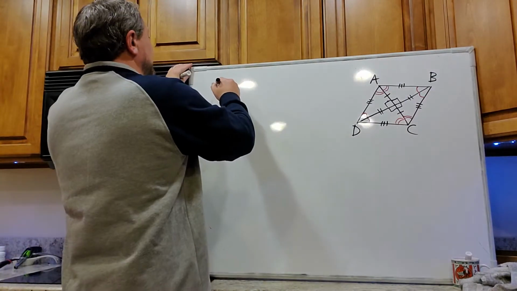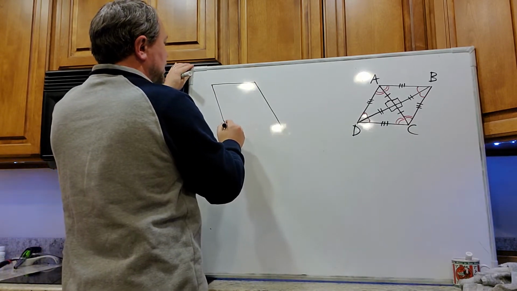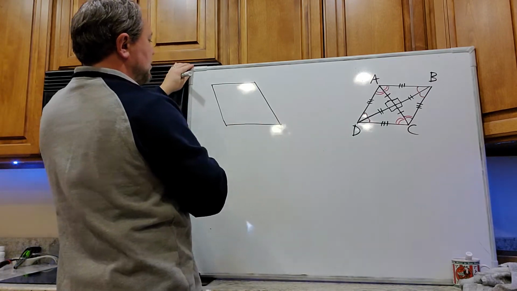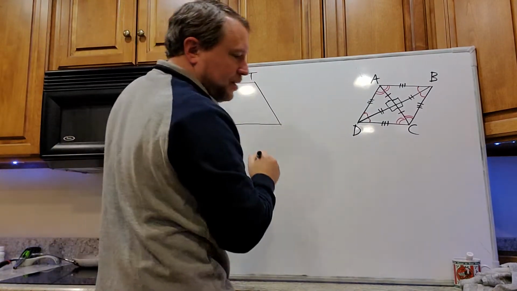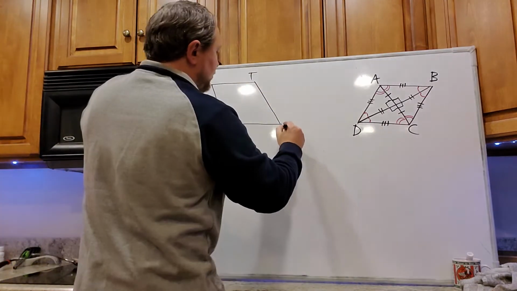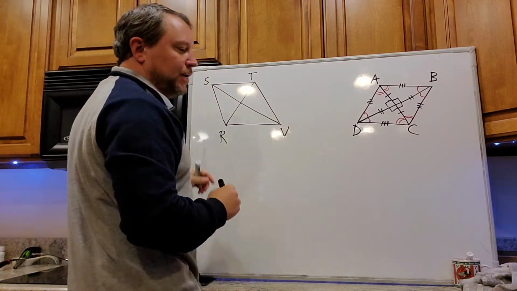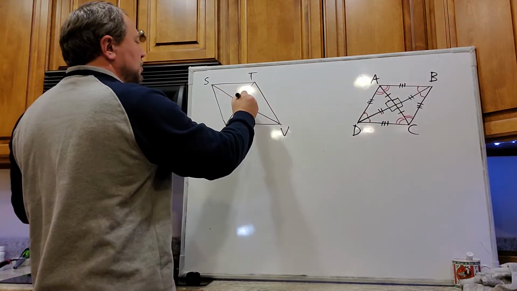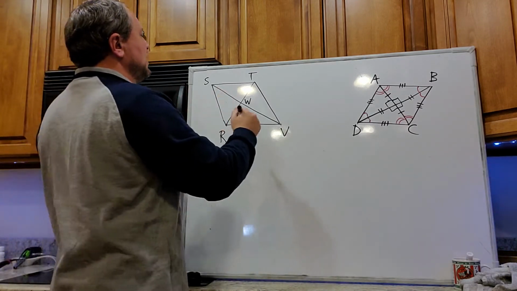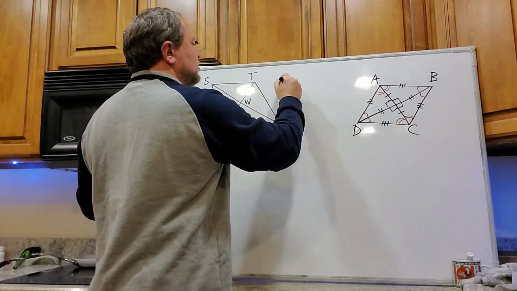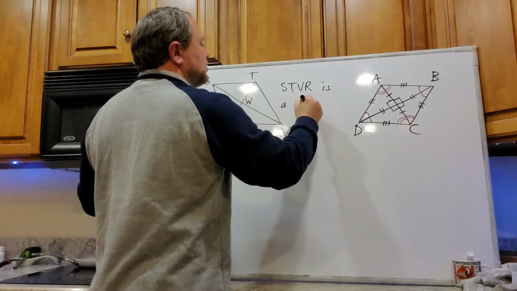This one I'm going to call STVR, and where these diagonals meet in the middle, we'll call that point W. Again, STVR is a rhombus.